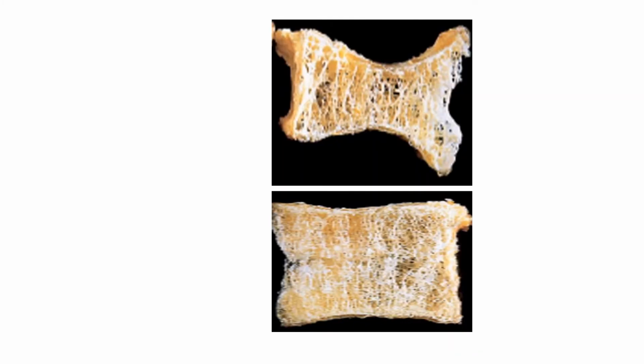The lower picture is a normal vertebral body. Compare this picture with that of the upper picture, which is showing a compression fracture of the vertebral body, and there is characteristic loss of horizontal trabeculae while the vertical trabeculae are thickened.